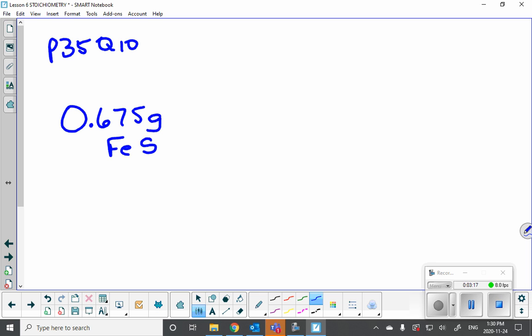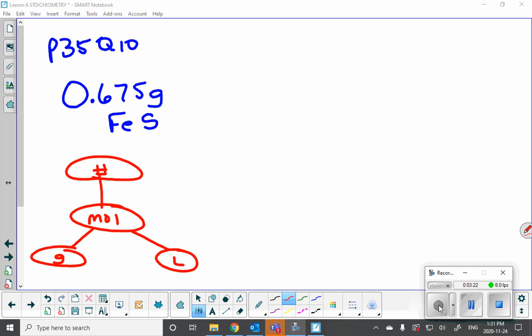We have to think back to that Y diagram. Again, in the Y diagram, we've got moles in the middle, and that is the one thing that links grams and liters and the number of particles together, is always the word moles. So we are at grams. We are right here. And the question wants us to get to how many molecules. It wants us to get here. We're going to start with grams.